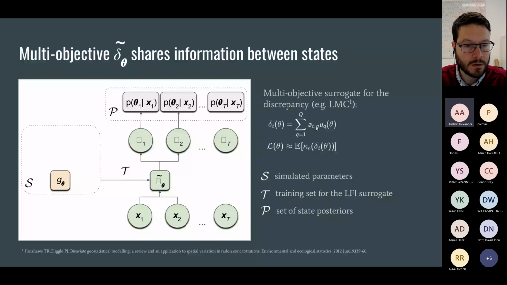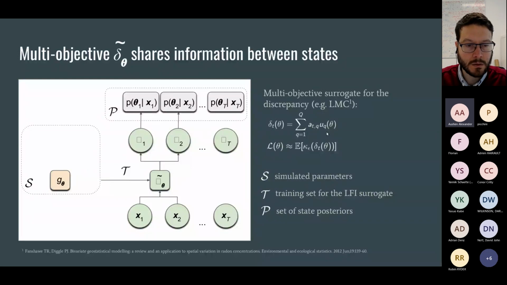And we have Q Gaussian processes. The idea of such a multi-objective surrogate is that it shares the same parameters between the time series, and it provides some kind of regularization, which improves the fit of the surrogate.